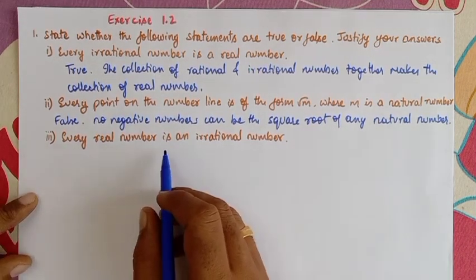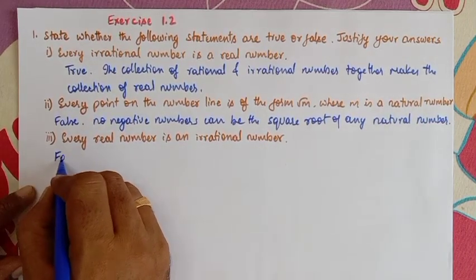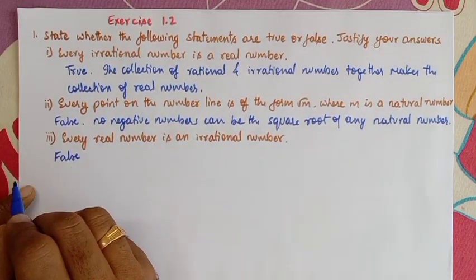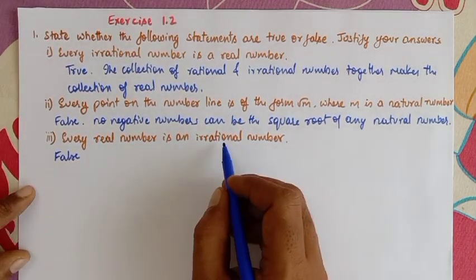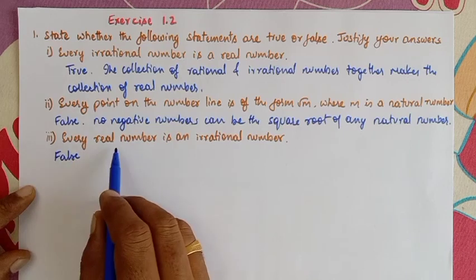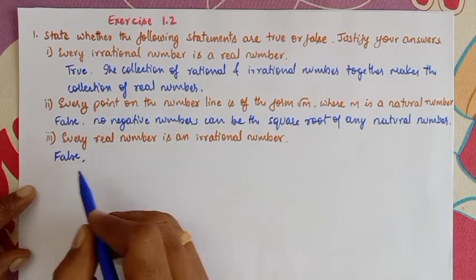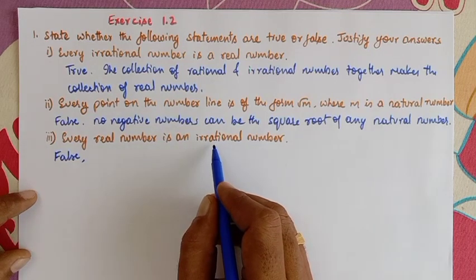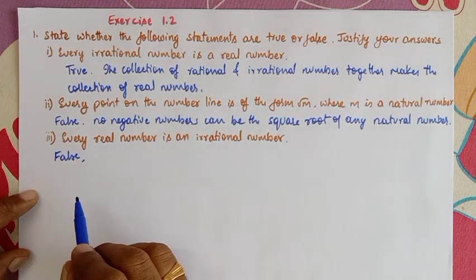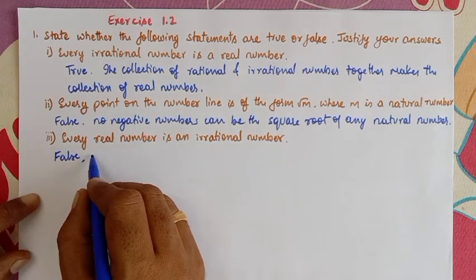Let us move on to the next one. Every real number is an irrational number. No, false. But the reverse is true: every irrational number is a real number. That is true, but every real number is not irrational. A real number contains both rational numbers and irrational numbers.